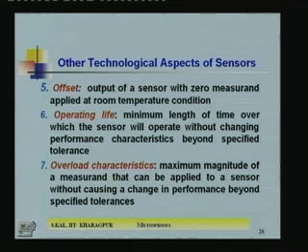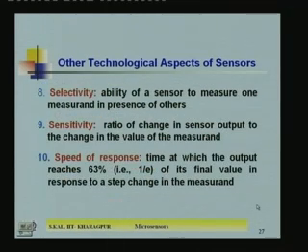It may show the exact value of 200 dB or it may not. That is not reliable, which means it has exceeded your specified tolerance limit. It behaves erratically. That is why the overload characteristics need to be known for a particular sensor, so that you can use it reliably up to that level. That is the overload characteristics.